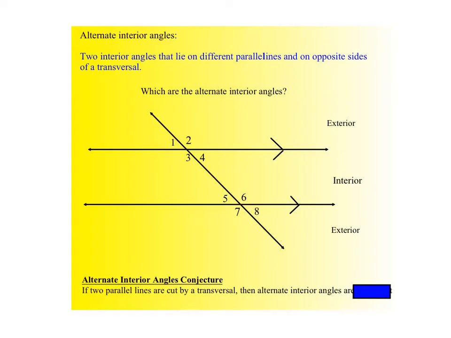Okay, let's continue and look at a new type of angle. The next type of angle formed in this scenario with parallel lines cut by a transversal are called alternate interior angles. Two interior angles that lie on different parallel lines and opposite sides of a transversal. For example, a pair of alternate interior angles would be angle 3 and angle 6.